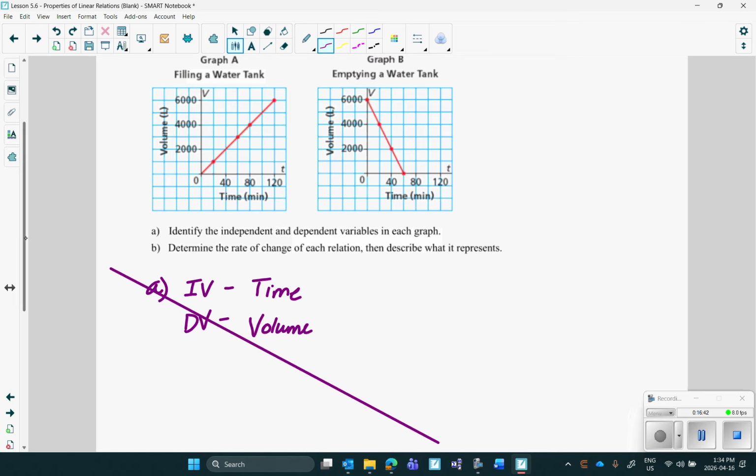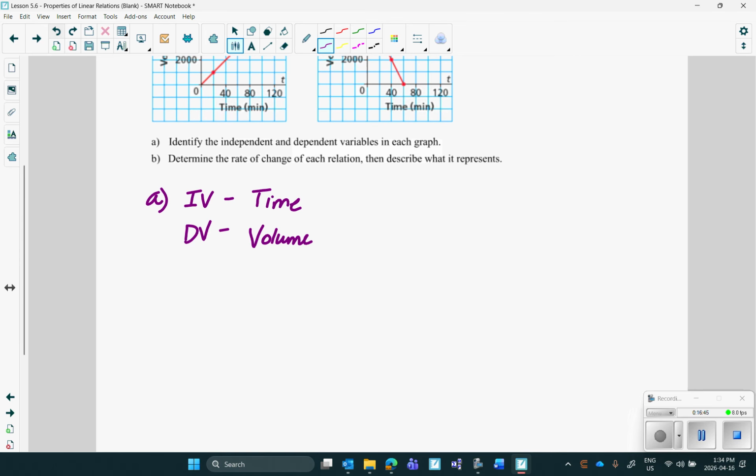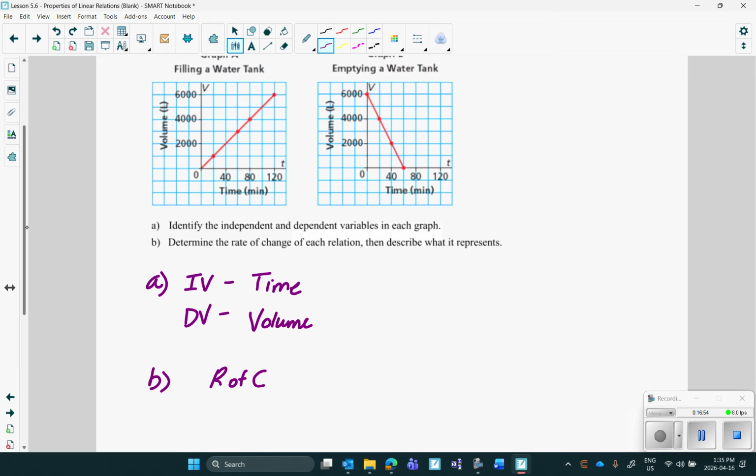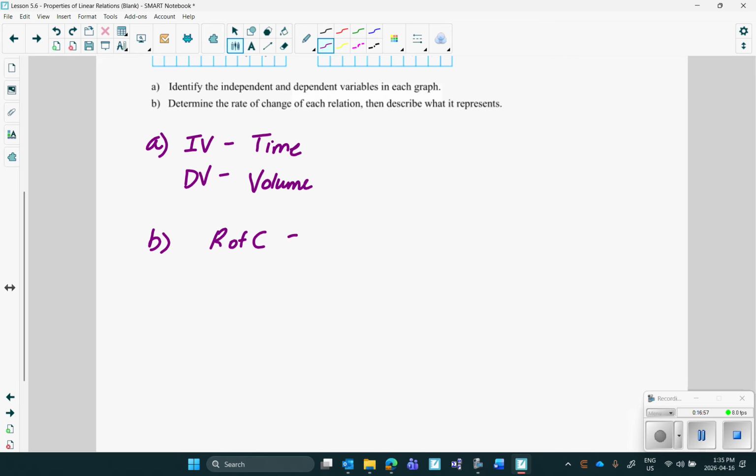Now, we've got to find the rate of change for each one. I'm just going to write R of C for short, for graph A and the R of C of graph B. Well, remember, think of it like the slope formula.